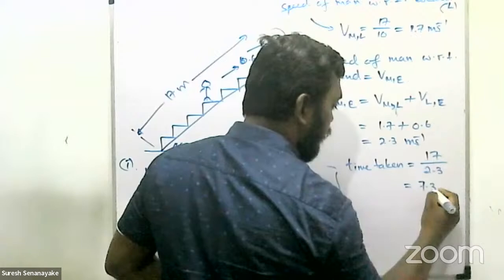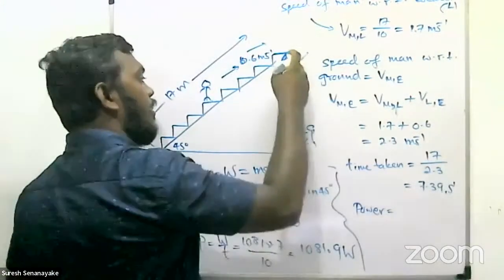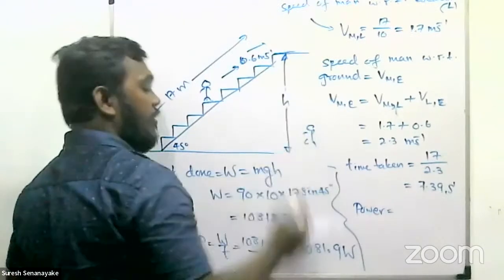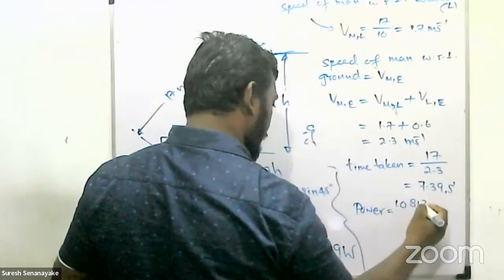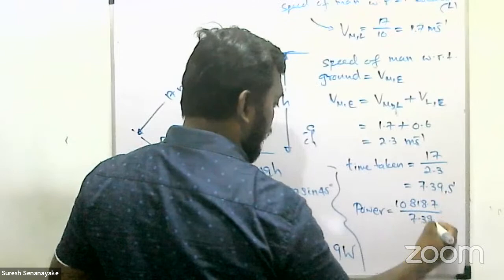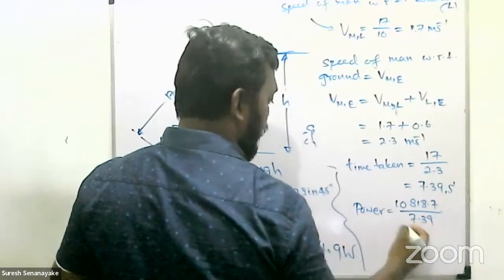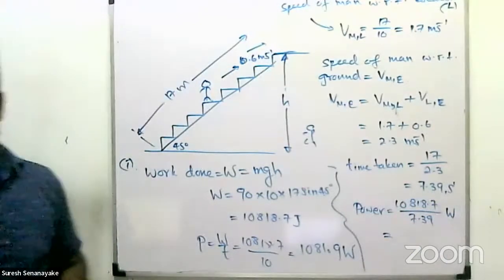The work done is the same as previous because they move the same height, with the work done being mgh, right? It's 10,818, but it takes 7.39 seconds. What is the power developed?